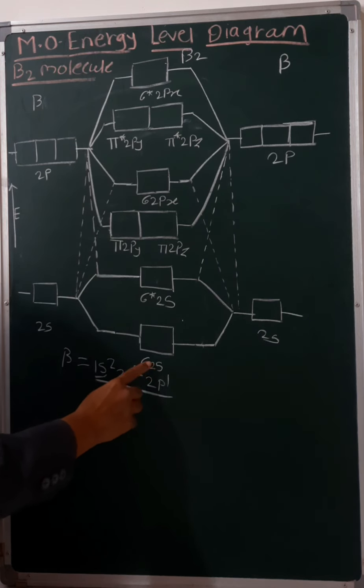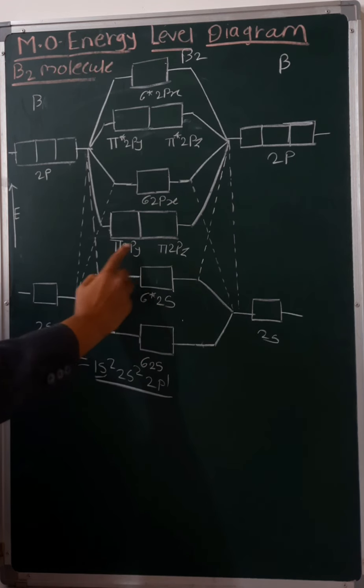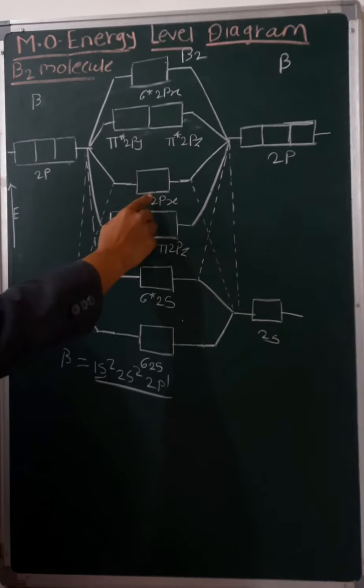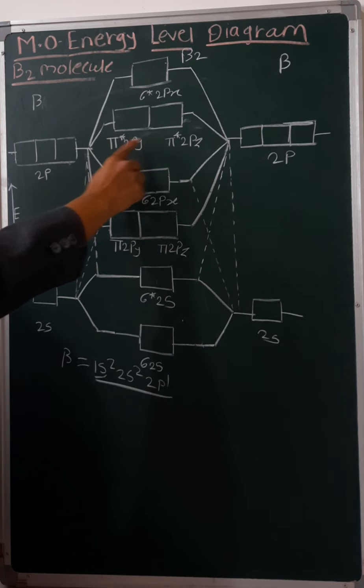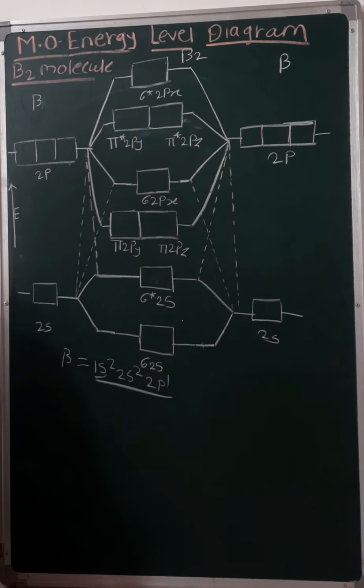Which ones? Sigma 2s, sigma star 2s, pi 2py, pi 2pz, sigma 2px, pi star 2py, pi star 2pz, sigma star 2px. That means a total of 8 molecular orbitals are formed.